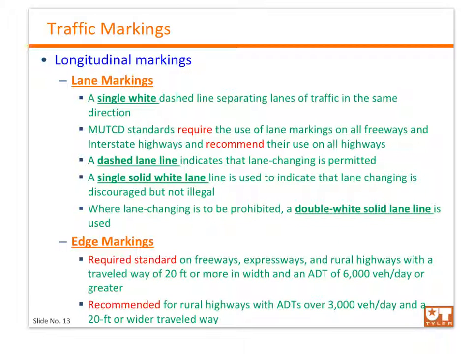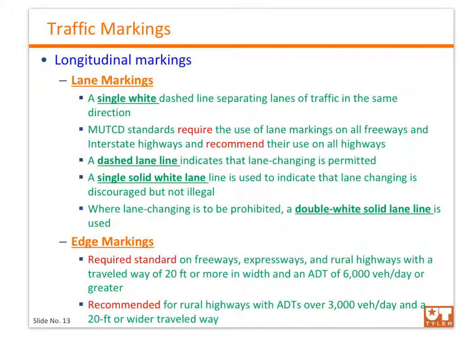So a single white dashed line separates lanes of traffic in the same direction. In fact, MUTCD requires the use of lane markings on freeways, and on interstate highways they are recommended.